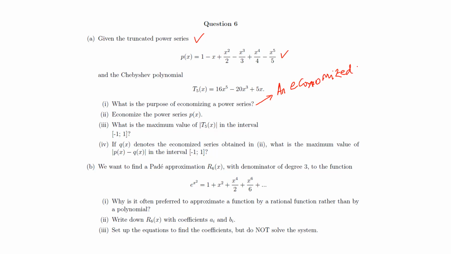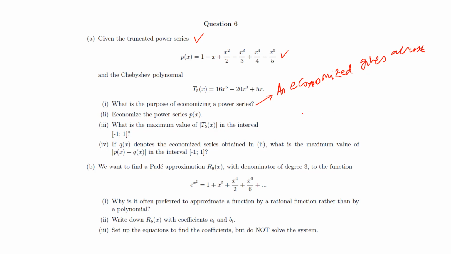So in other words, an economized power series gives, obviously, we use the word almost because it's an estimate.